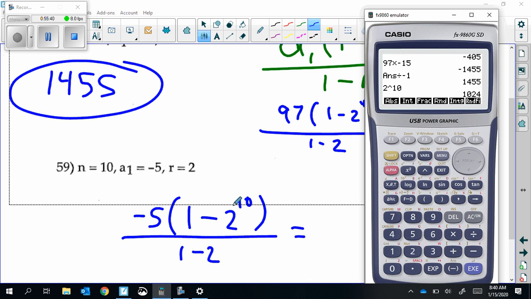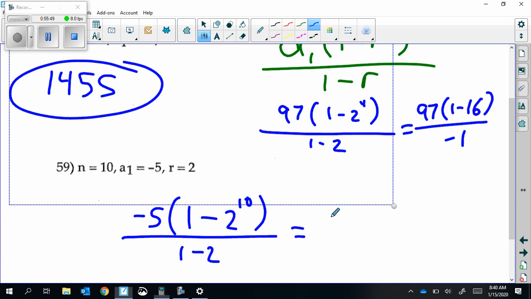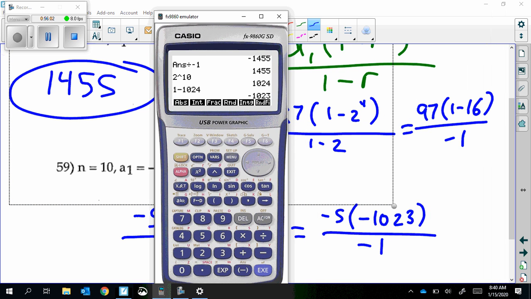So that's 1 minus 1024 for the inside of the parentheses, -1023. Divided by 1 minus 2 is -1. -5 times -1023 divided by -1.